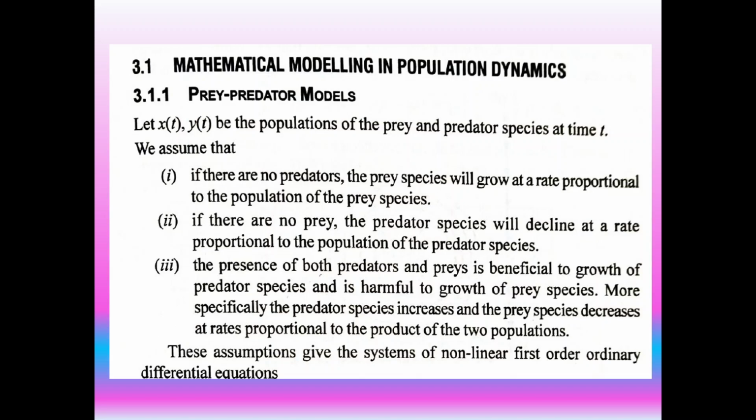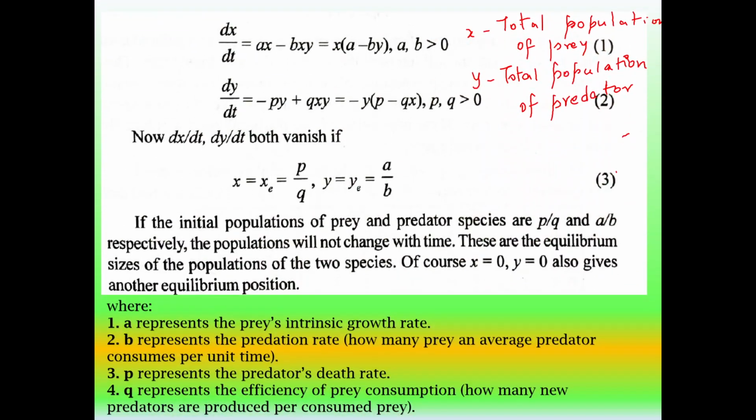Because of the interactions, the predator species will be increased, at the same time the prey species will be decreased at rates proportional to the product of two populations. Hence, by using these three assumptions, now we can form the following nonlinear first order differential equations, that is dx by dt and dy by dt.